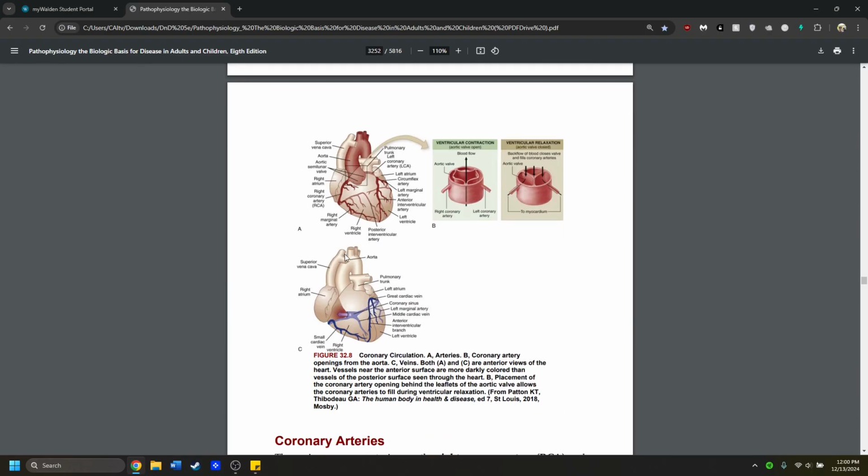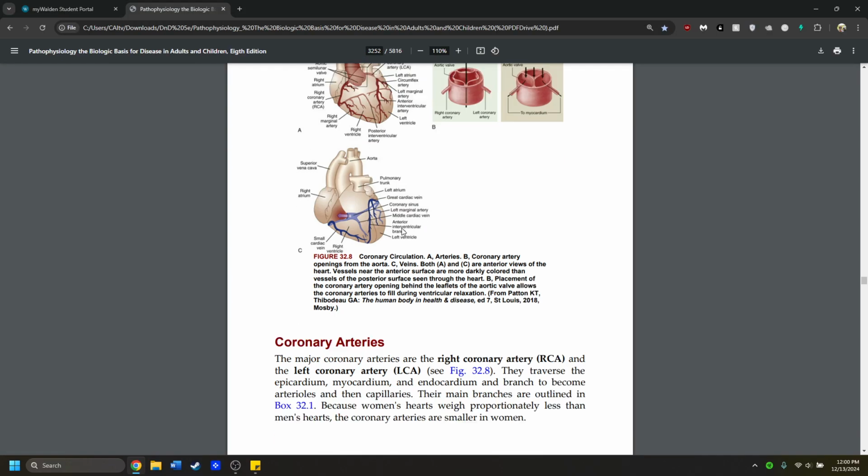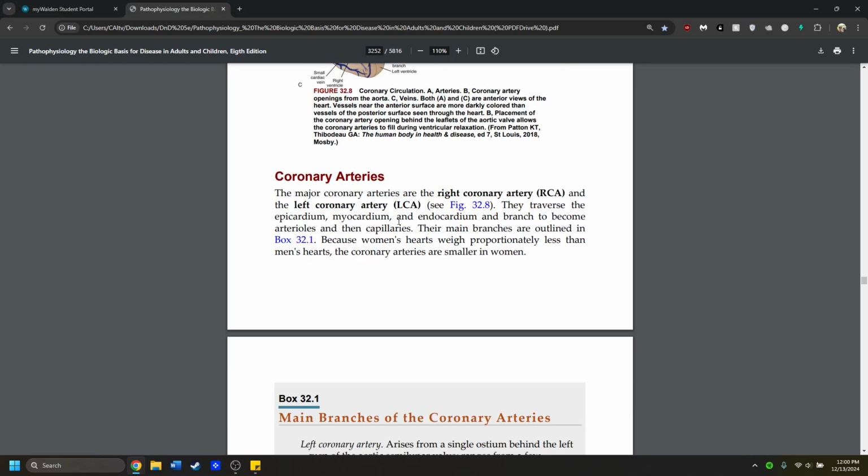This is where you see that the heart is cruel. Most of the oxygenated blood actually goes right back to the heart to keep it pumping. The coronary arteries. The major coronary arteries are the right coronary artery, the RCA, and the left coronary artery, or LCA. They traverse the epicardium, myocardium, and endocardium, and branch to become arterioles and then capillaries.